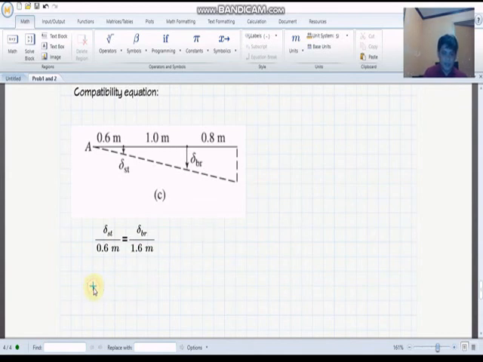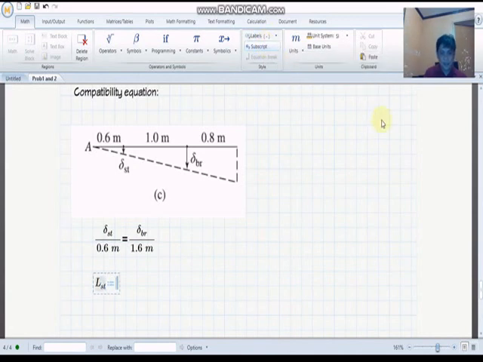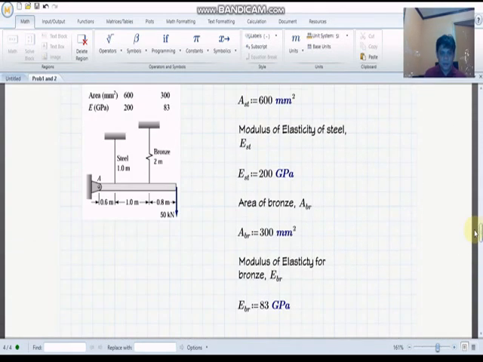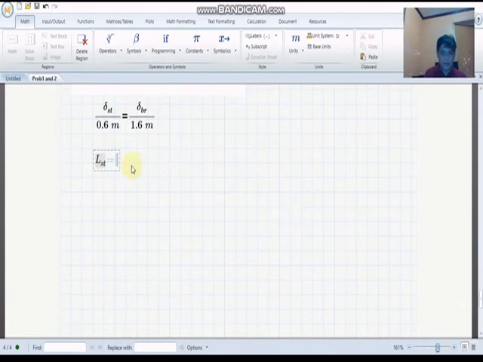So L_ST, the length of your steel, is equivalent to, back to the problem, 1 meter, while for the bronze, this is equivalent to 2 meters.